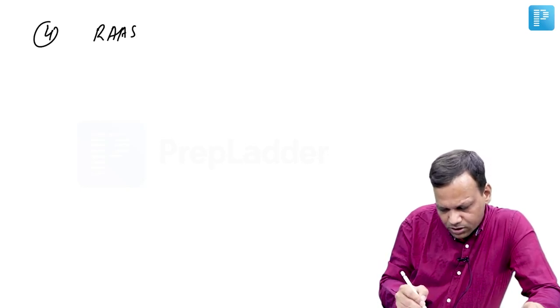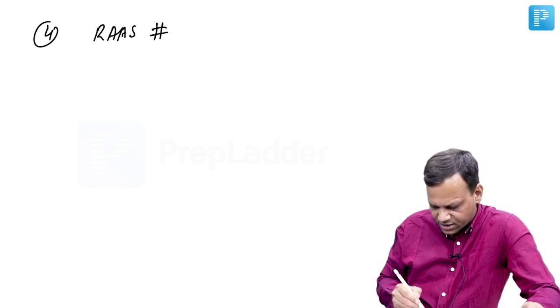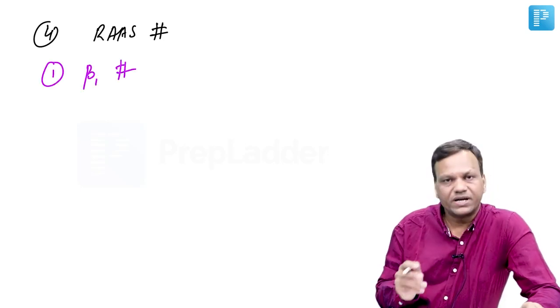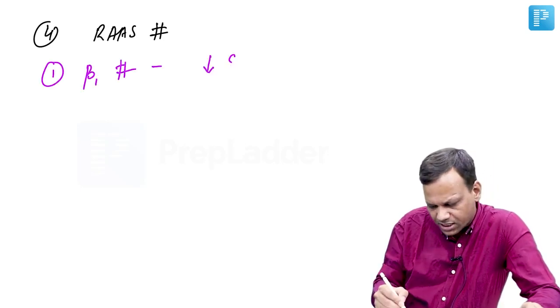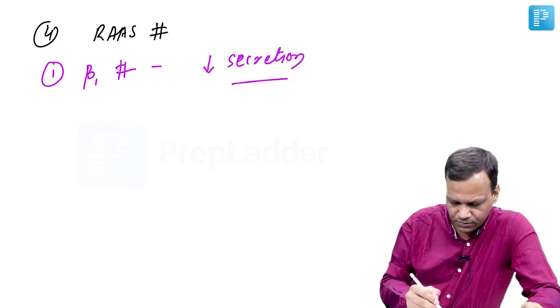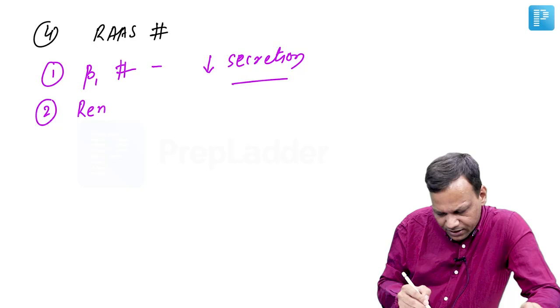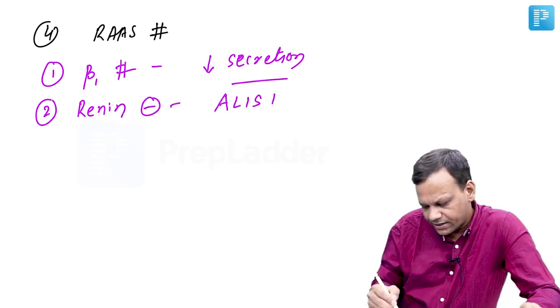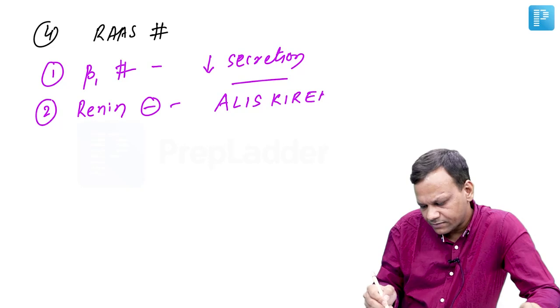renin-angiotensin-aldosterone system blockers. Five drugs in this category, starting with beta 1 blockers, which inhibit the release of renin. So remember, they inhibit secretion of renin. They do not inhibit renin but its secretion. Second, we have renin inhibitors. The enzyme is inhibited by drugs like aliskiren, a drug whose name ends with kiren.